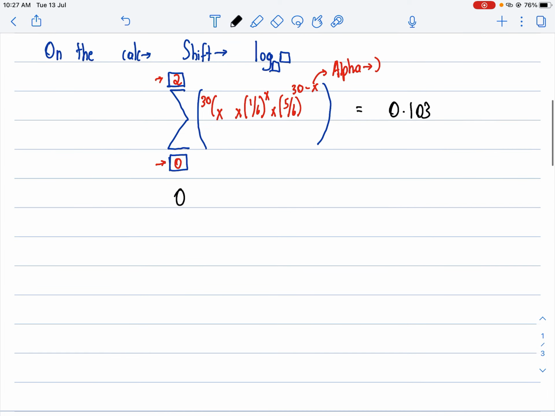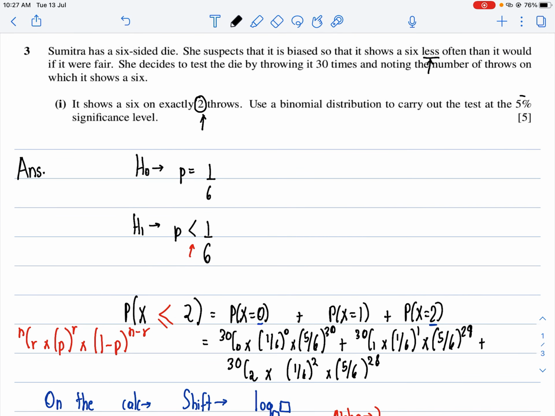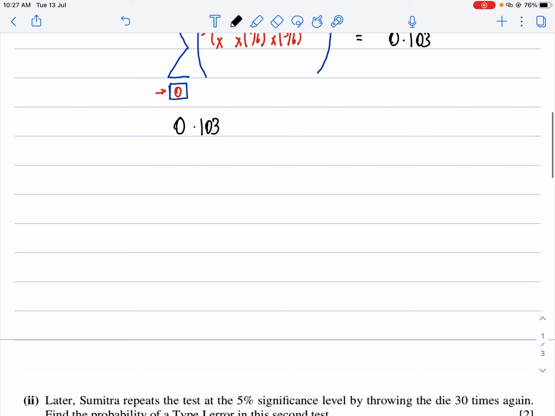Now I compare the 0.103 with the significance level. My significance level is 5%, which is 0.05. I know 0.103 is more than 0.05. That means I write do not reject the null hypothesis.